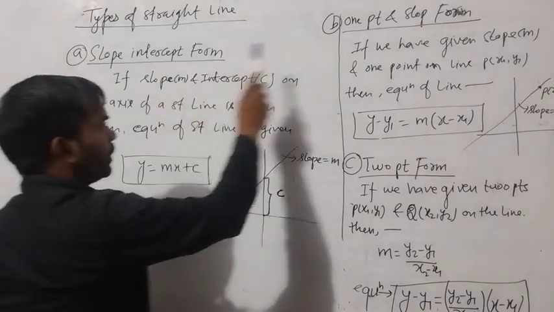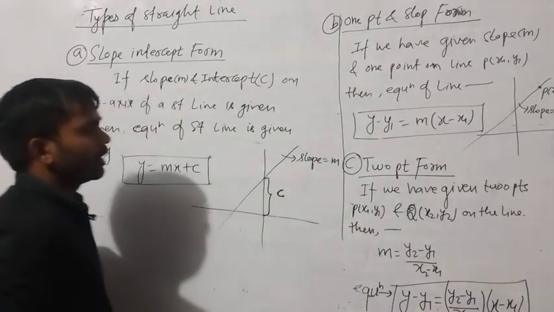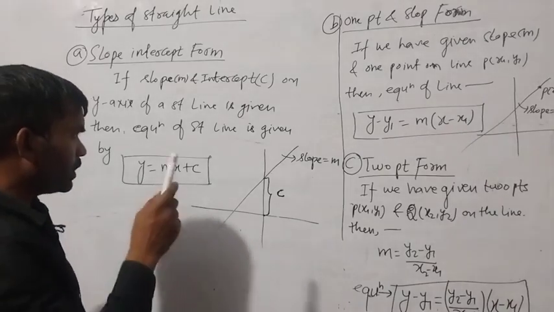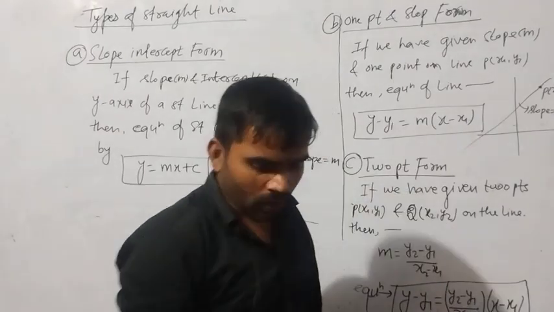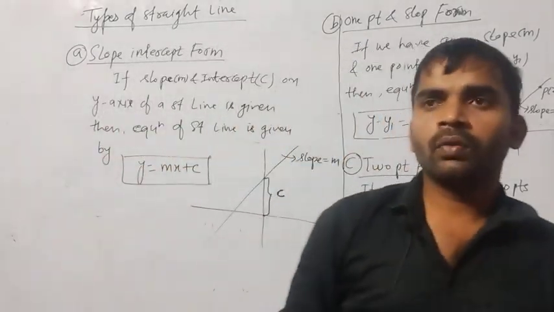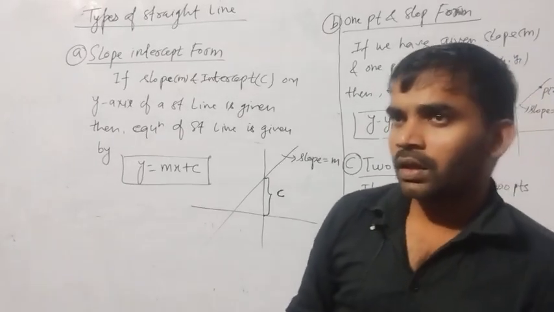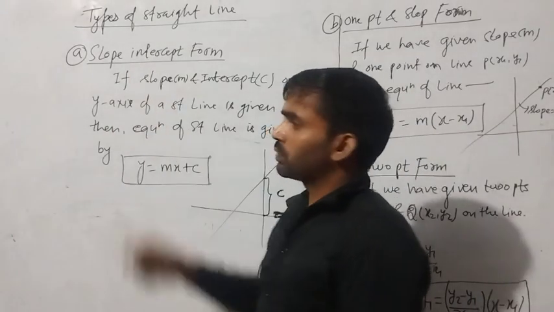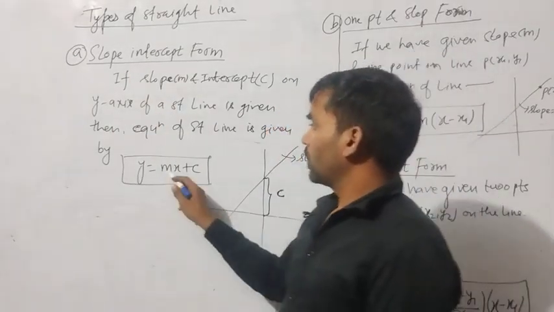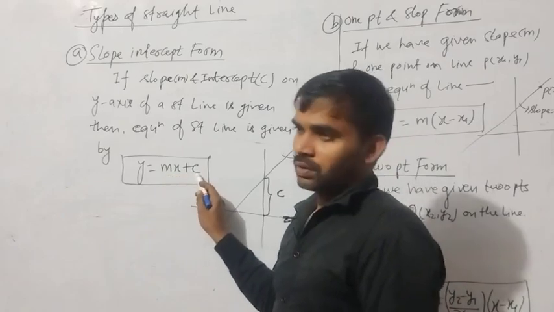If you see these 3 types of lines, in each equation 2 conditions must be given. Without 2 conditions you can never find an equation of a straight line. As you can see, in the slope intercept form you are given 1 slope and the second is the intercept.